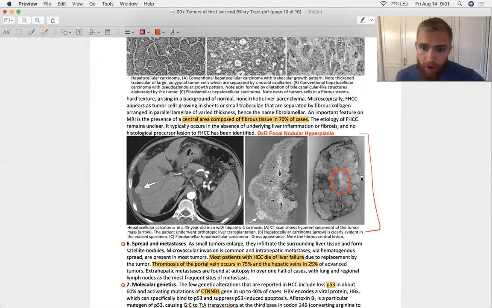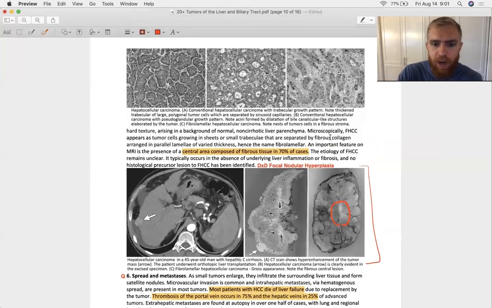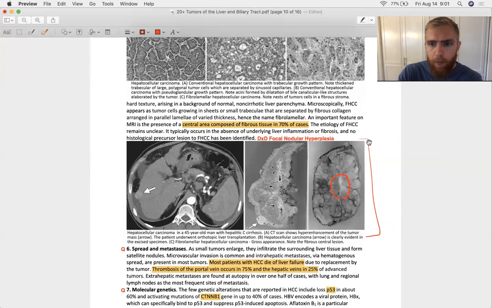So there's one differential for it, and you have to recognize the histology and the risk factors to be able to tell them apart. Remember that focal nodular hyperplasia is probably not going to develop in the setting of cirrhosis. Typically, it's someone who's got this arterial dilation, this big artery that is supplying a lot of oxygen to tissues, and you get damage because of all the blood flow that's going through that section of the liver.